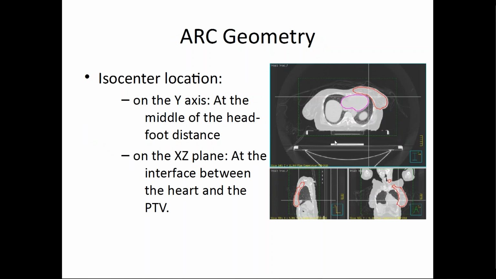For the dosimetry, I put the isocenter in the middle of the distance of the PTV on the y-axis, to have the whole target in the beam, and in the XZ plane, I put it on the interface between the heart and PTV, because it's the area where the dose has to be well controlled.